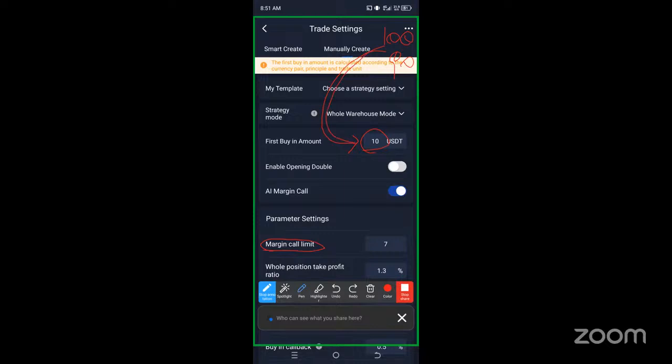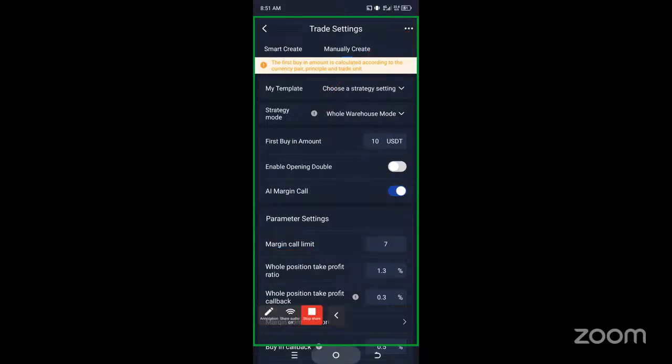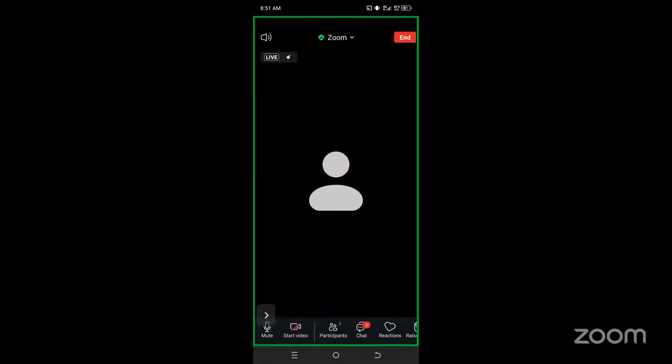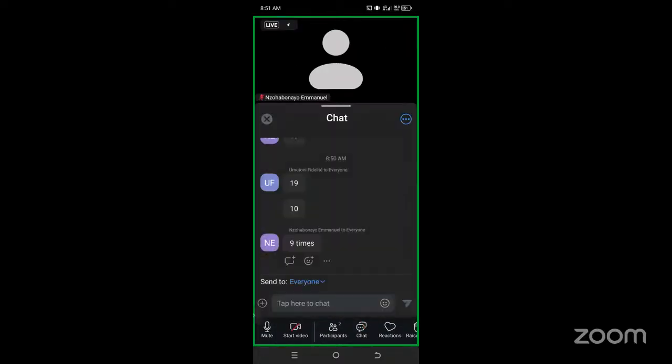How many times will he be able to buy when he uses 10 as first buying amount? Let us go in the chat box and we see. Yes, students. How many? Yes. He will be able to buy 9 times.